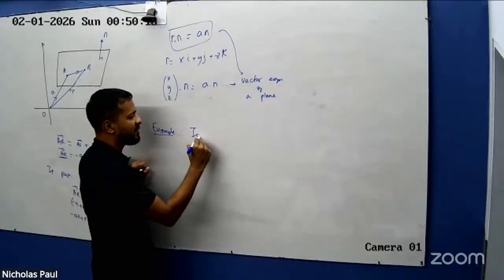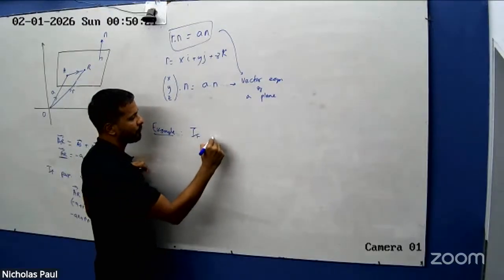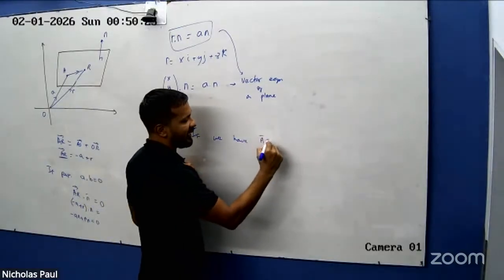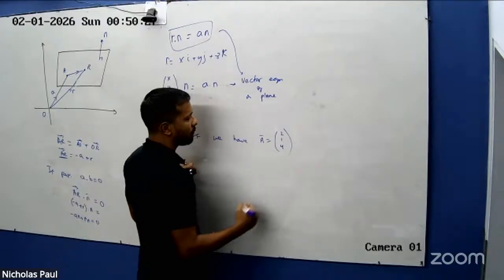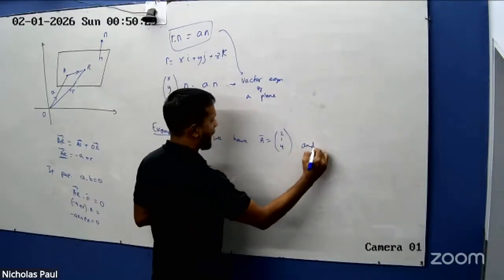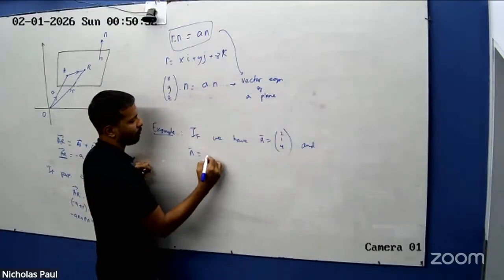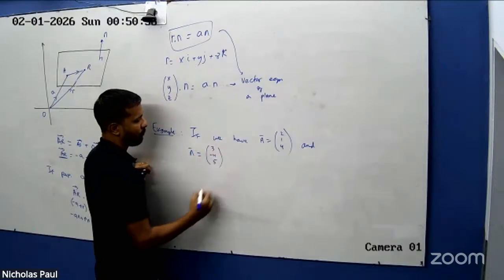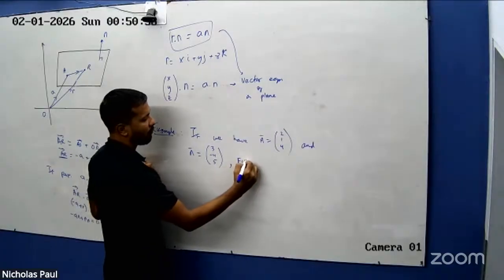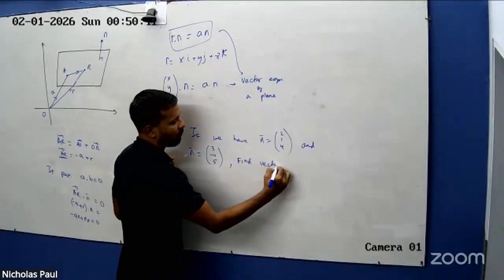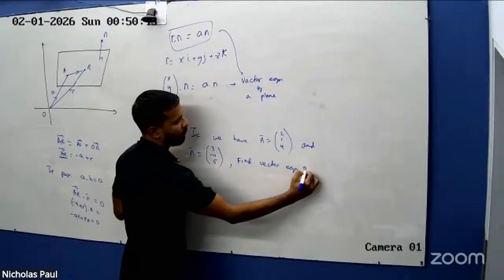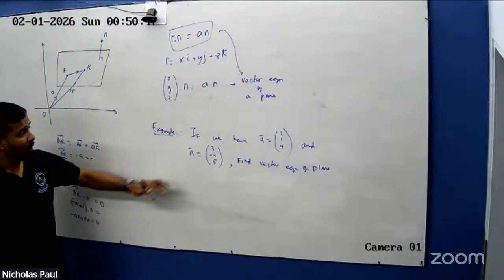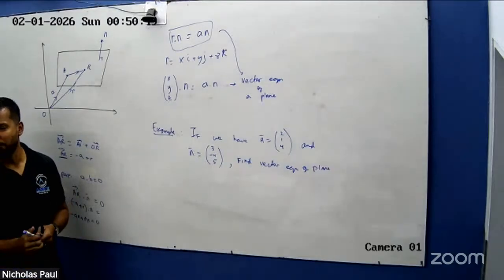Let's say I give you something like this. Let's say a is equal to (2, 1, 4). How do we get the vector equation of the plane here, Nathan?